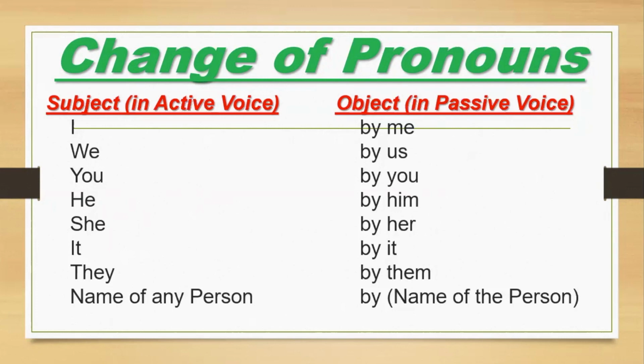He, by him. She, by her. It also remains same, by it. They, by them. And if it is the name of any person or a common noun like my uncle, my sister, or Rita, Sita, Ram, Ravi, anything, that will remain same. Only we have to add by. Like by my uncle, by my sister, by Sita, by Ravi, by Rita, like this. Okay.